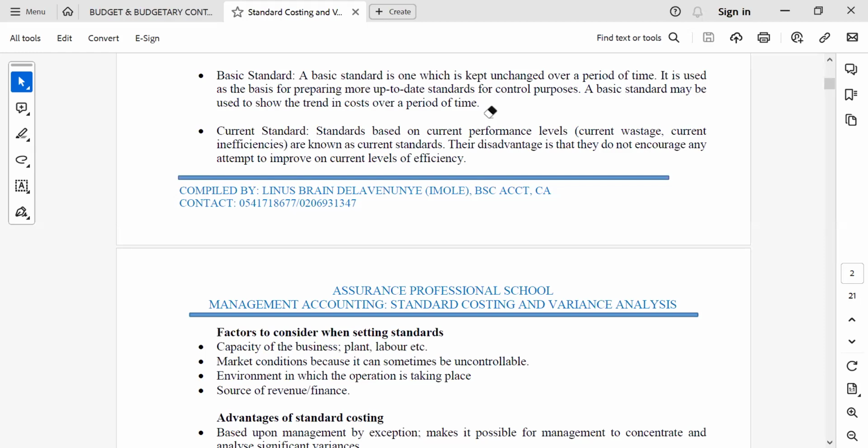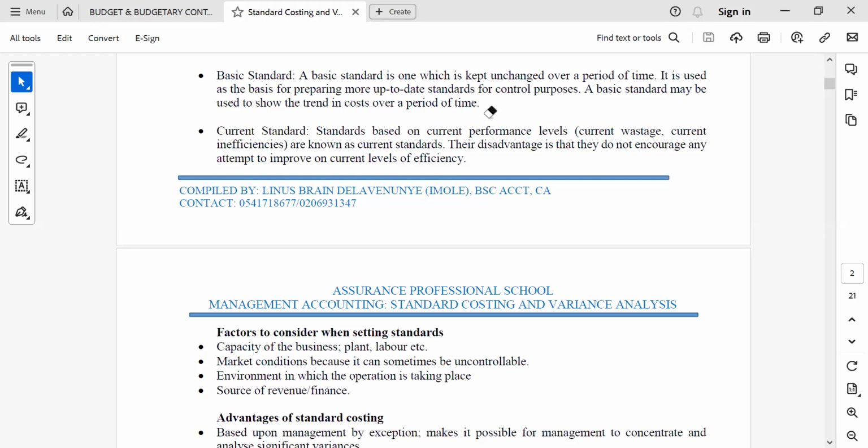You see that there is a time that there will be a market for maize, and there will be a time there will not be a market for maize, isn't it? So you have to know when to set this particular standard and when not to. Sometimes the level of the prices might also be an issue. If you are in Ghana and the economic issues, the prices are increasing anyhow, you have to be very careful with the standard you are going to be setting.